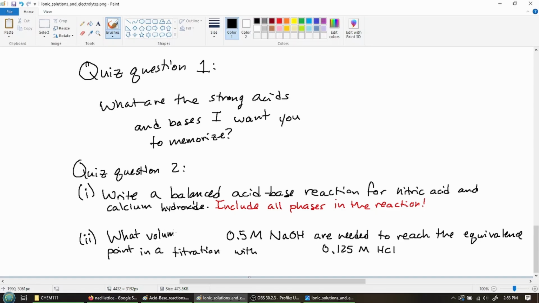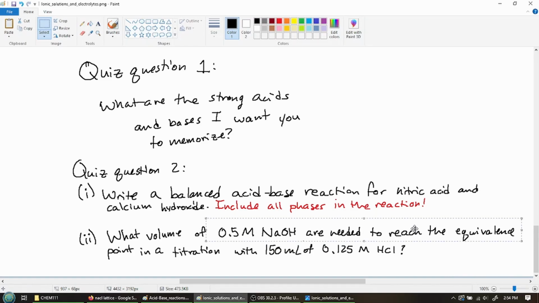So what volume of that is needed to reach the equivalence point in a titration with, let's say, 150 milliliters of 0.125 molar hydrochloric acid. So this will be the other question on this part of the quiz. I'm going to move it over a little bit, and let's grab this whole question and talk through it here.